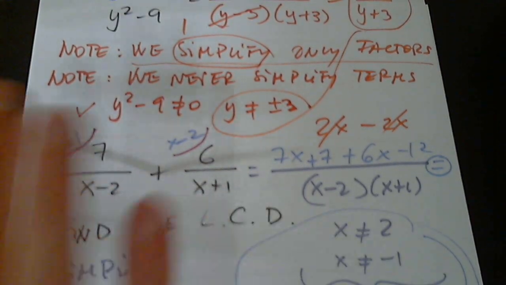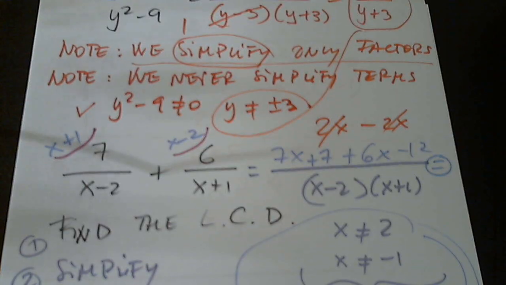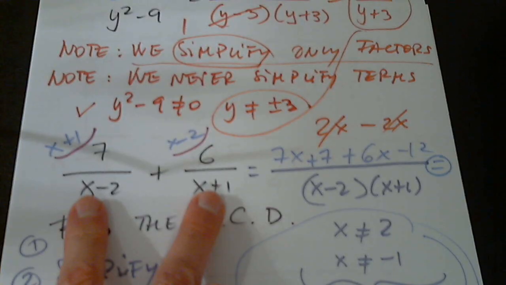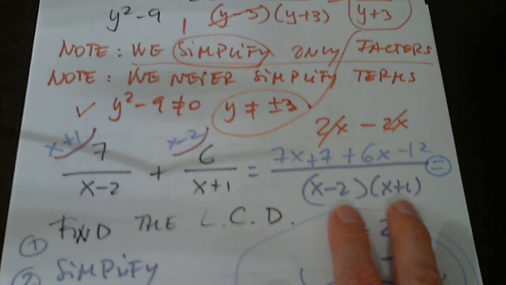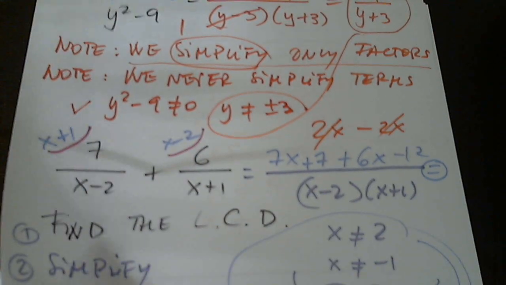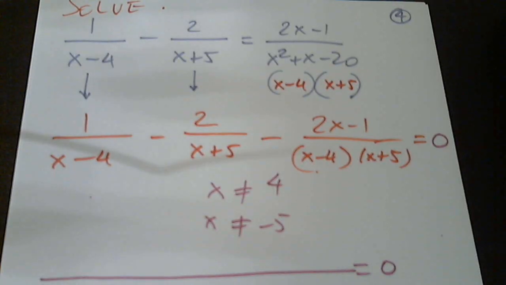This is carved in stone. No one can touch x minus 2. No one can touch x plus 1. No factors, nothing. We can only look at it. Because they have no common factor, it's the product of the two. So now, coming back to our problem, what is the least common denominator without which I can continue?